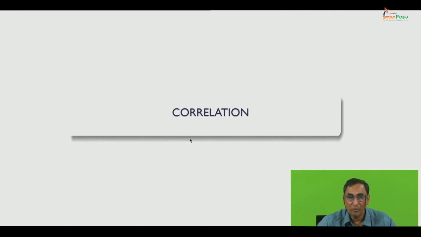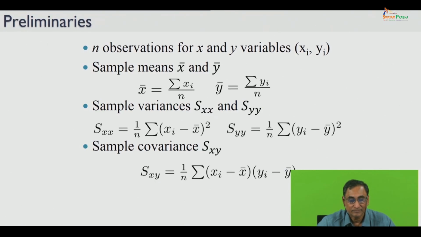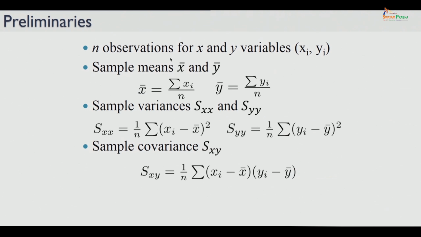We have already seen one in the basic introductory lectures to statistics. So let's consider n observations of two variables x and y, denoted by the samples xi comma yi, and we can of course compute the sample means.